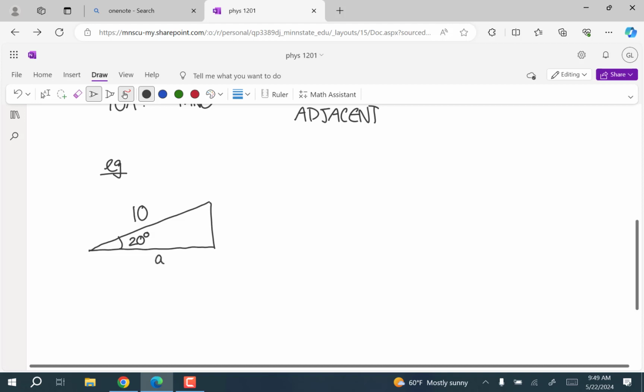And let's say you wanted to calculate the lengths of those two sides. Well, you can use this SOHCAHTOA idea. You know that the sine of this angle, 20 degrees, is equal to the opposite of that angle divided by the hypotenuse. So that's b over 10.